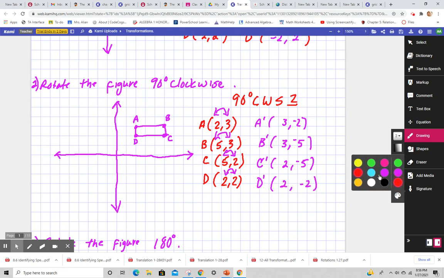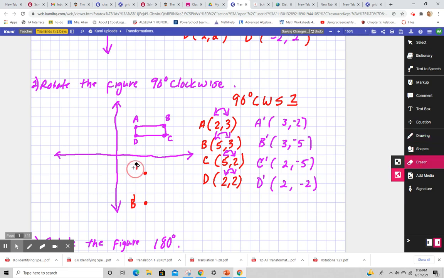Okay, so now let's plot those points. A prime is located at 3, 1, 2, 3, and -2, 1, 2. A prime. B prime is located at 3, down 5. That's 2, 3, 4, 5. B prime. C prime is located at 2, down 5, which would be here.